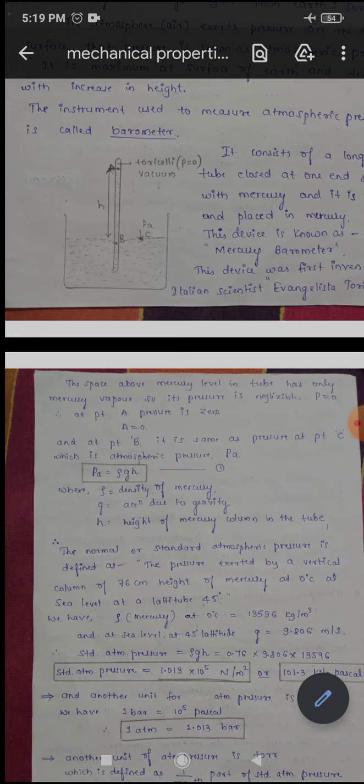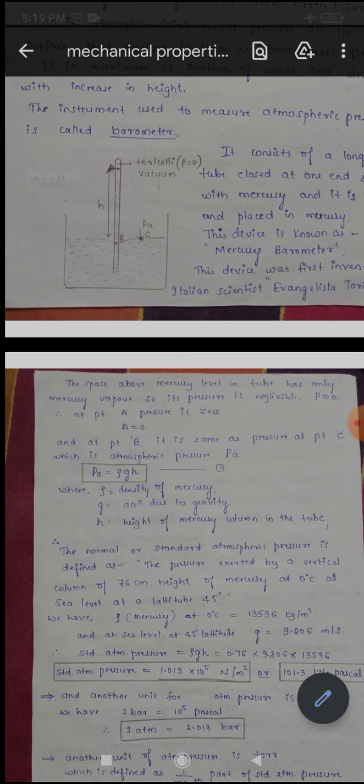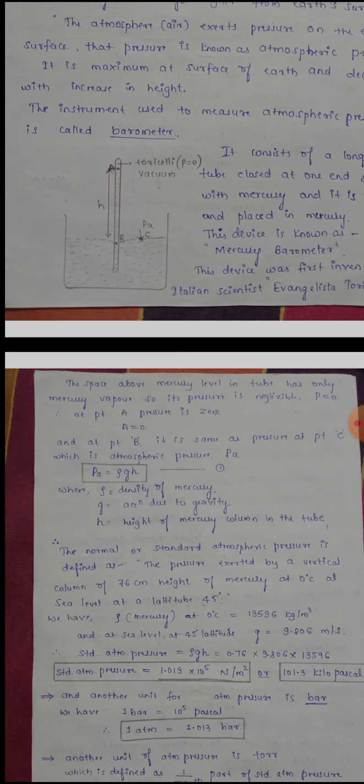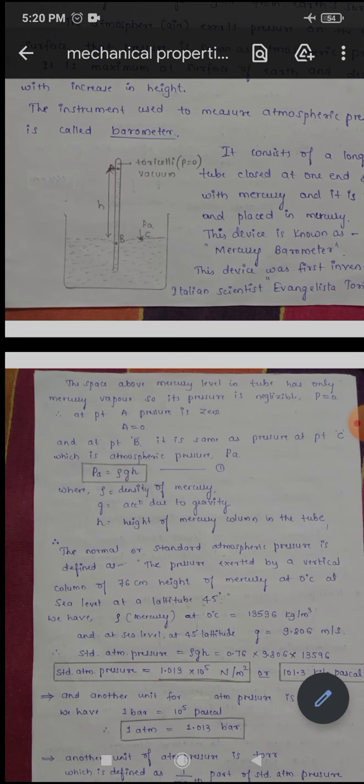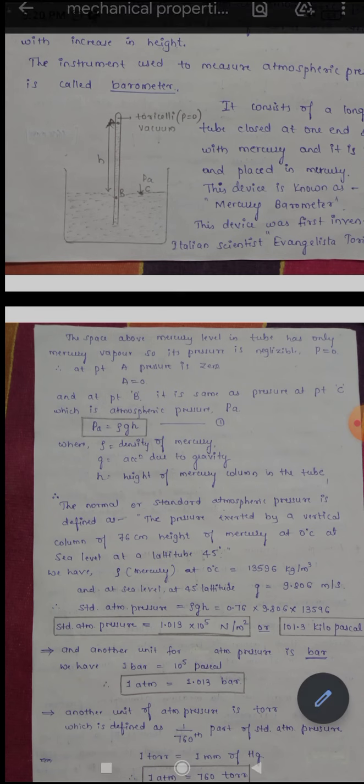So both points B and C have the same atmospheric pressure. So the atmospheric pressure PA we define as PA is equal to rho g h, where rho is the density of the mercury, g is the acceleration due to gravity, and h is the height of the mercury column in the tube. So the atmospheric pressure is PA equals rho g h.